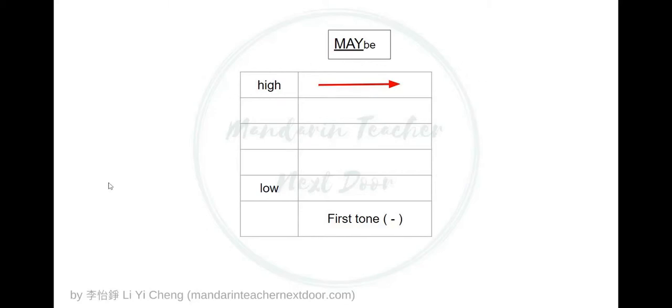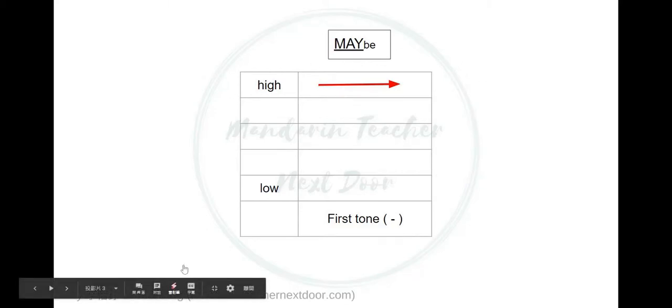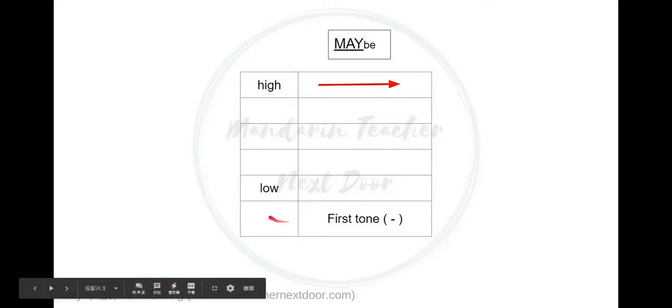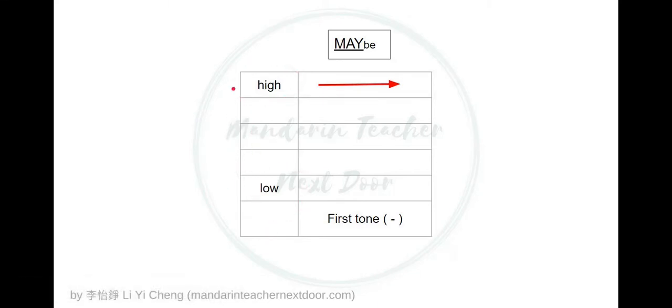In this chart, these are the helping tips to help you find the tones. From this part, you can see high and low. This is your pitch: high pitch, low pitch, neutral or middle.